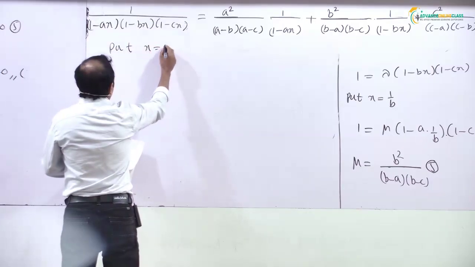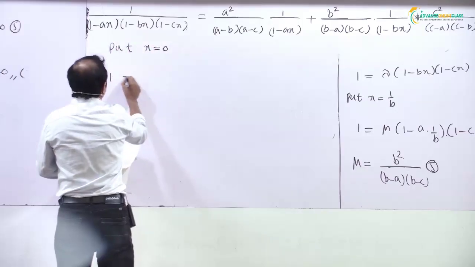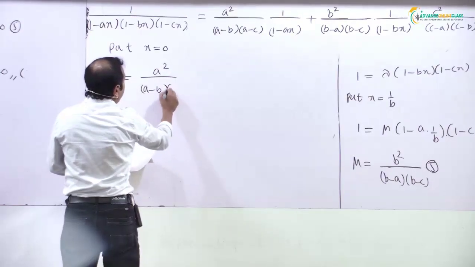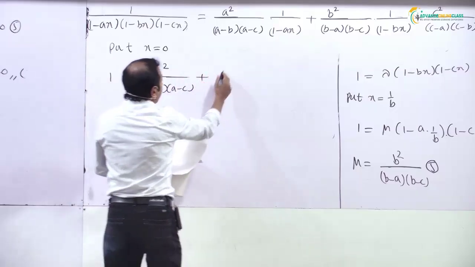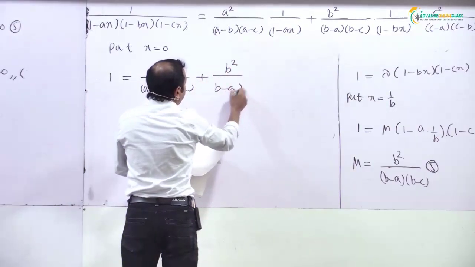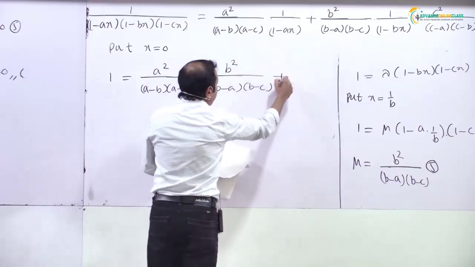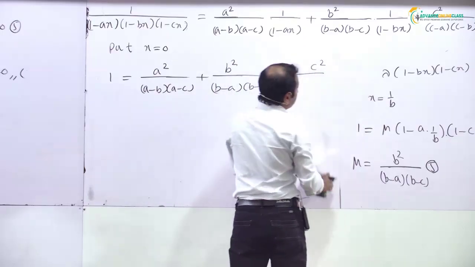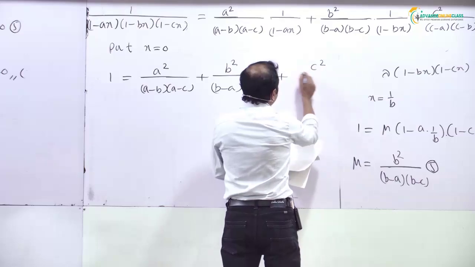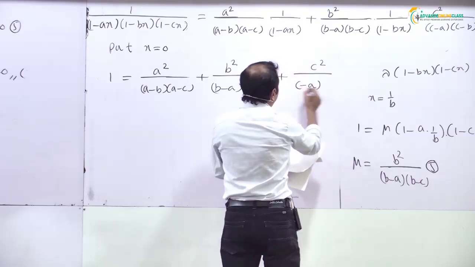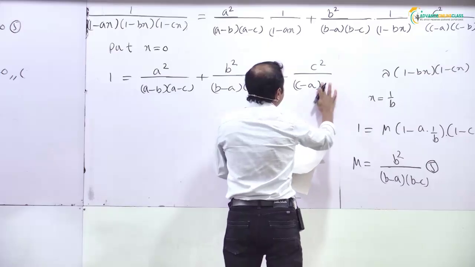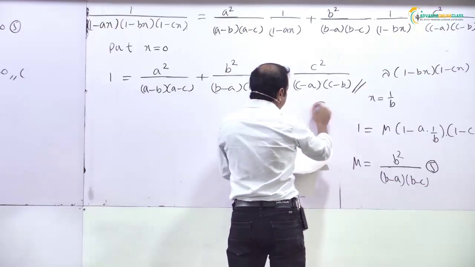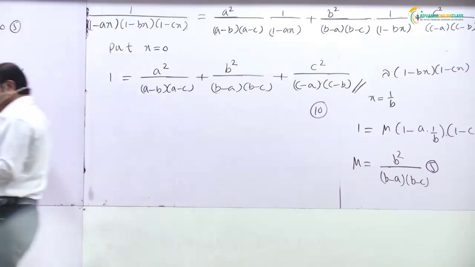This 0, this 0, this 0, we get 1 equals a squared over a minus b, a minus c, plus b squared over b minus a, b minus c, plus c squared over c minus a, c minus b. We get now for this 10 marks. This is how we take the answer.